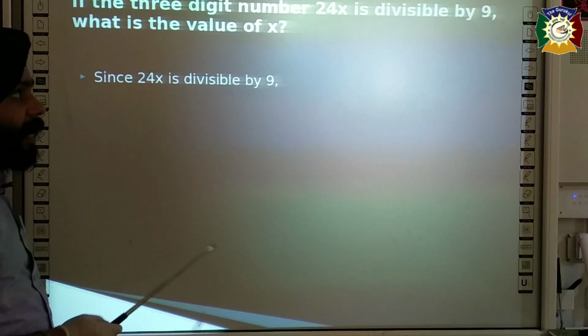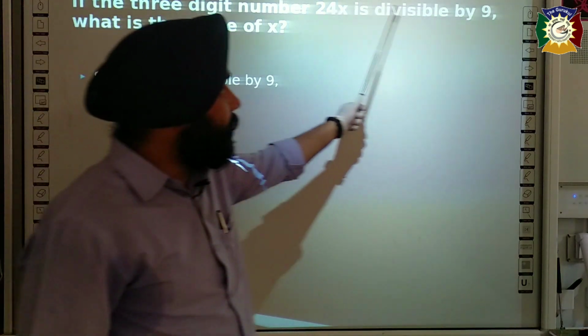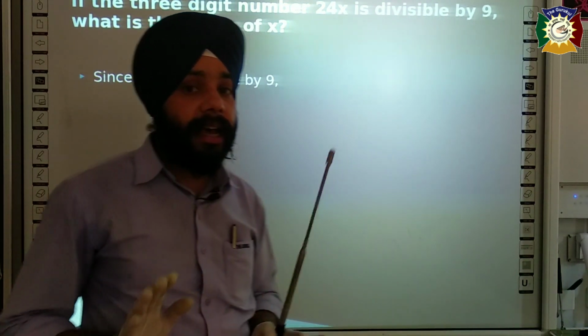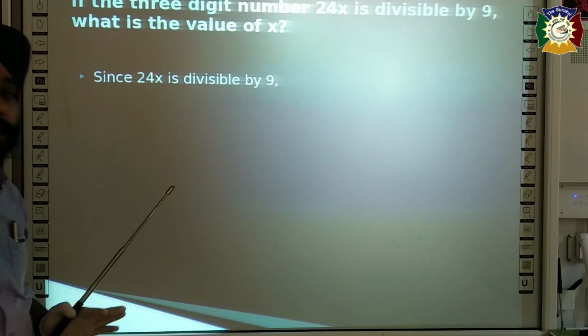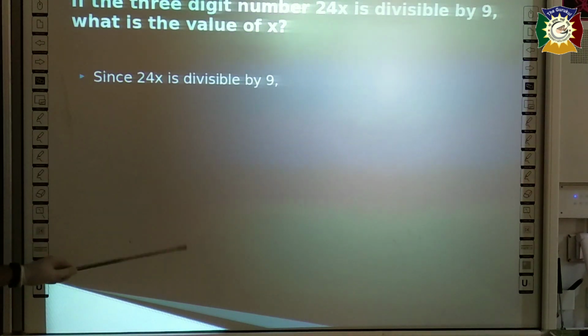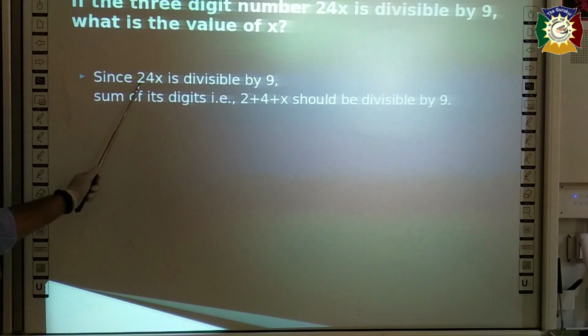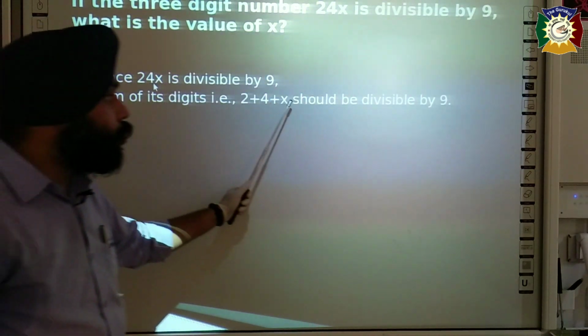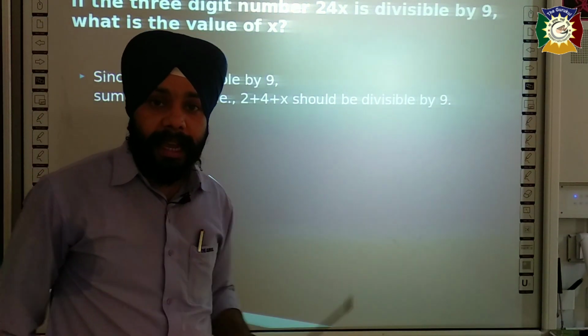Since they said 24x is divisible by 9, we know the divisibility rule of 9: the sum of its digits, 2 plus 4 plus x, should be divisible by 9.